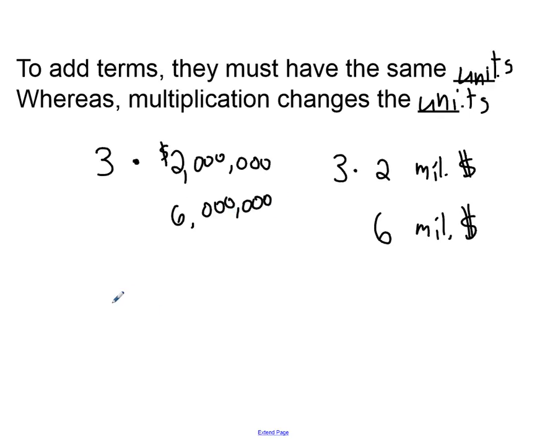Same thing with fractions. If I have 3 pieces of plywood that are each 5/8 of an inch thick, 3 times 5/8. 3 times 5 is 15.